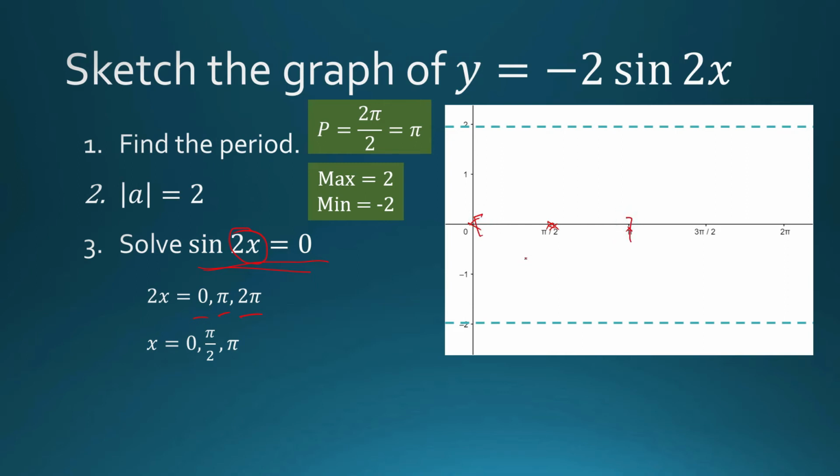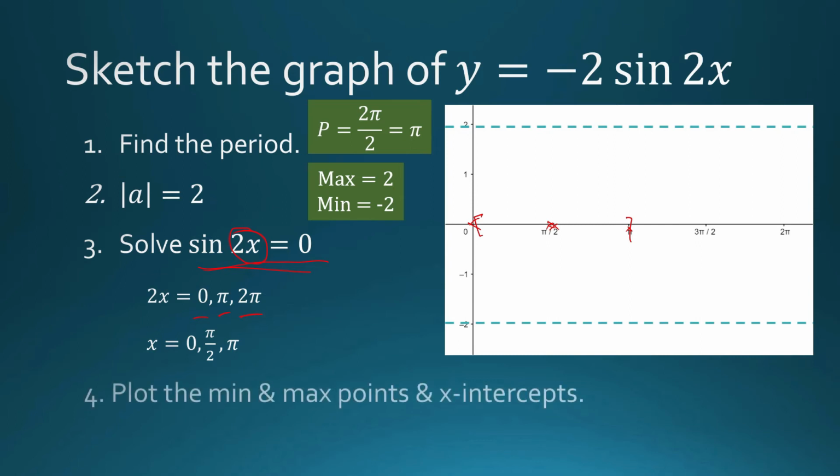So what else? Let us now plot the maximum and minimum values of your function. The midpoint of 0 and pi over 2 is pi over 4. And so what you do is you compute for negative 2 sine of, what is that equal to? 2 divided by 4, that's 1/2.